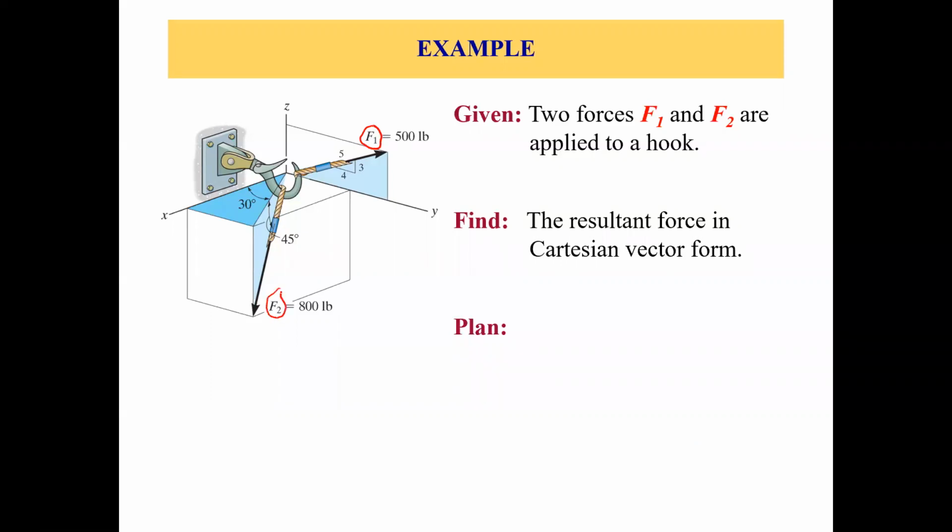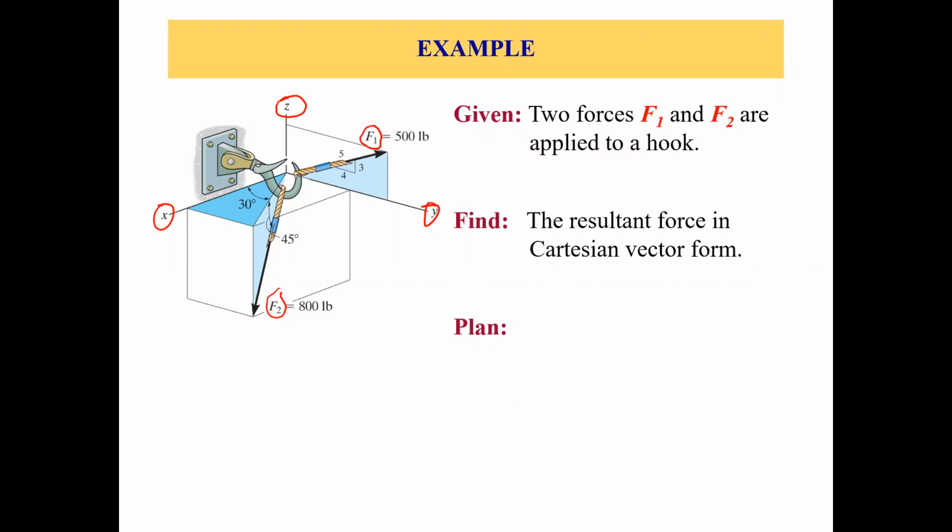This is F2, which is 800 pounds. Since this is a 3D system, we have the y-axis, x-axis, and z-axis, right? So we have 3 coordinate axes because this is a 3D space problem. We need to determine the resultant force in Cartesian vector form.